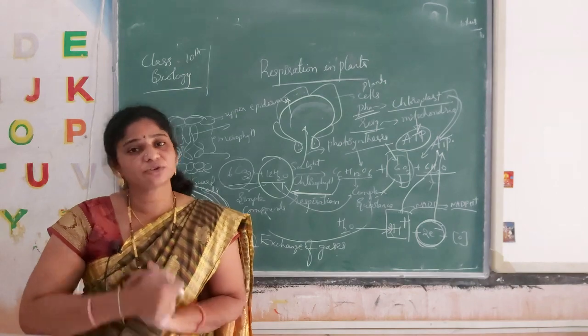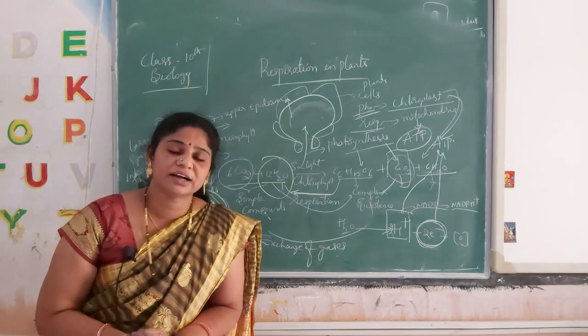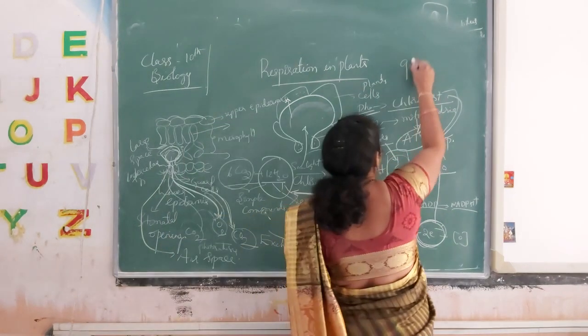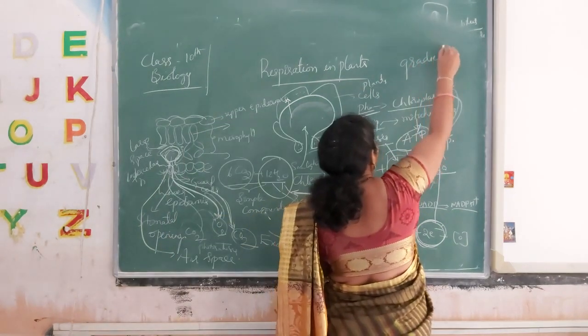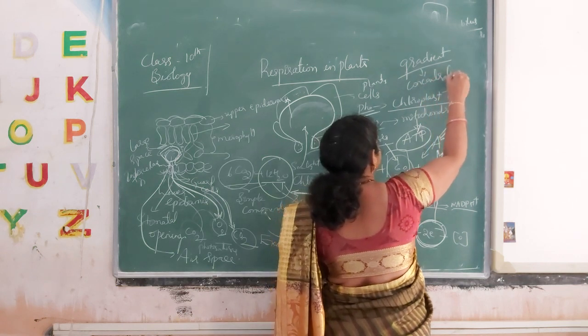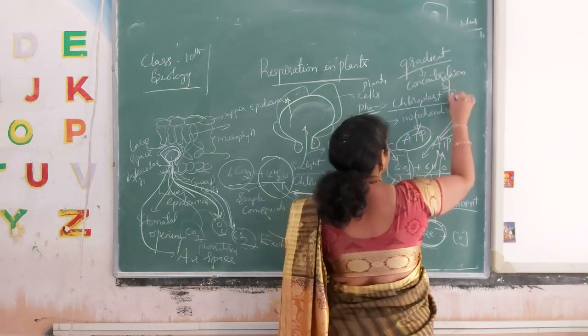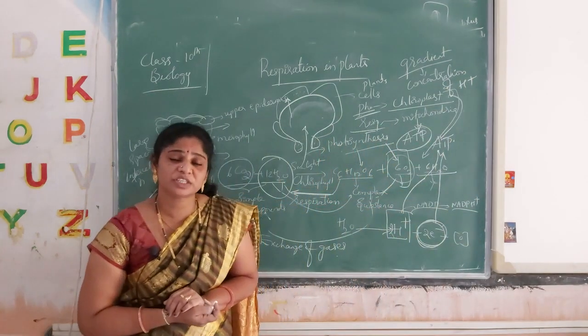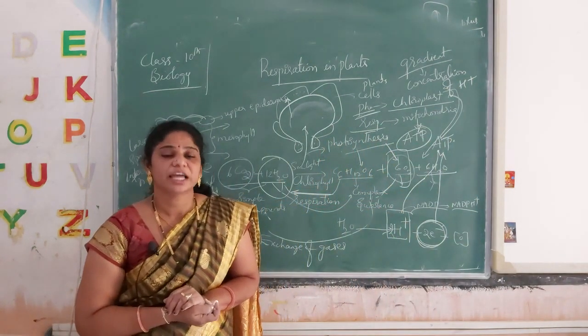Where are these protons and electrons used? In the proton gradient. Gradient is nothing but concentration, the concentration of protons, which is used in the synthesis of ATP.